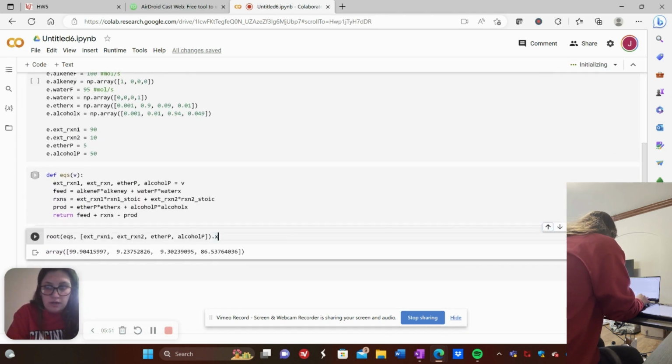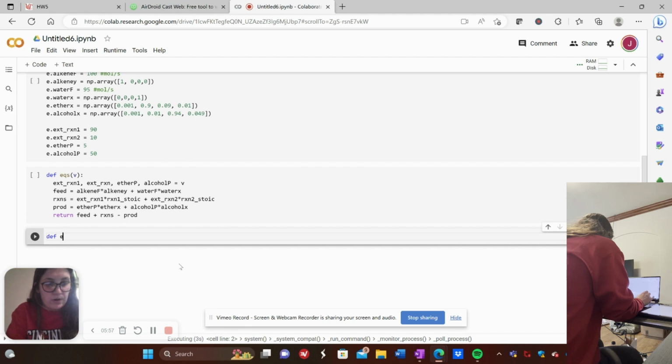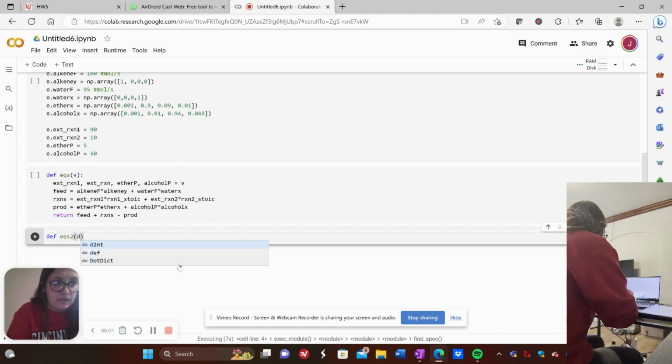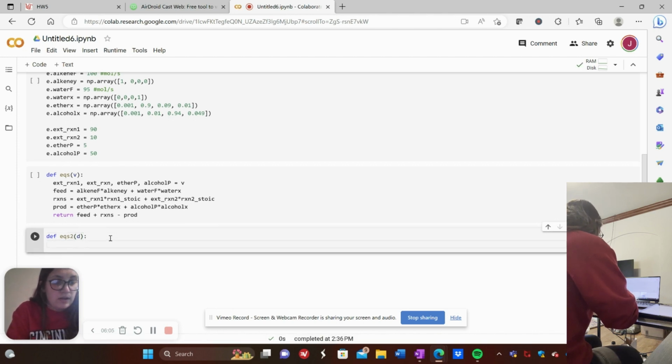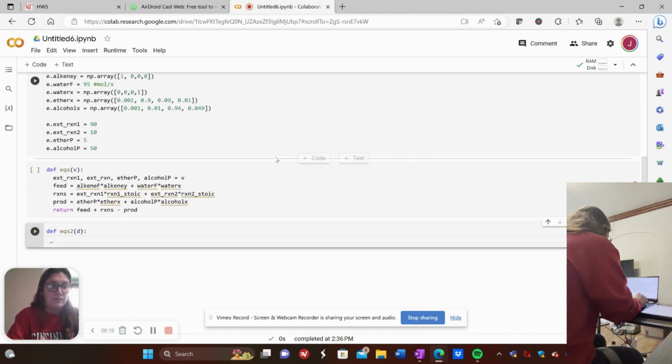And then we want to get rid of that, and we can define a new function that we'll call equations2 that this time takes in a dictionary instead of a vector. And the benefit of this is that now we don't have to rewrite our function every time we change what is known versus unknown. We can just come up here and change that within our dictionary instead.